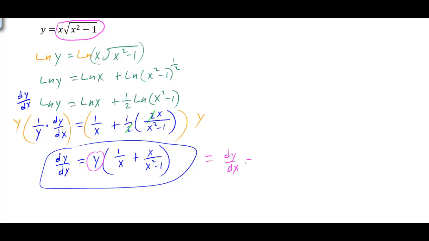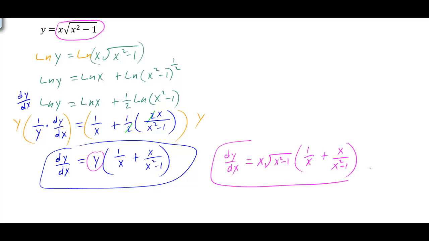So we could write this then as dy dx equals, and substitute for the y, x times the square root of x squared minus 1, and then all of that's multiplied by 1 over x plus your x over x squared minus 1. So the advantage of this answer is, in order to find the derivative, all we need to know at a specific point is the x value. Whereas on the other side, we need to know not only the x, but also the y value.